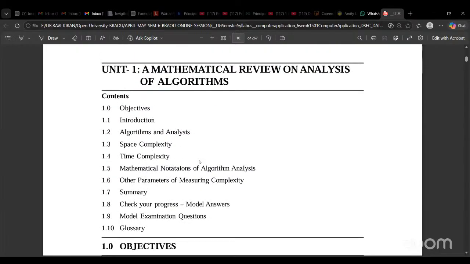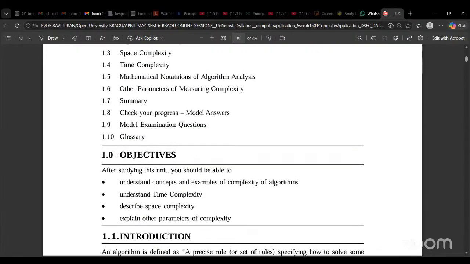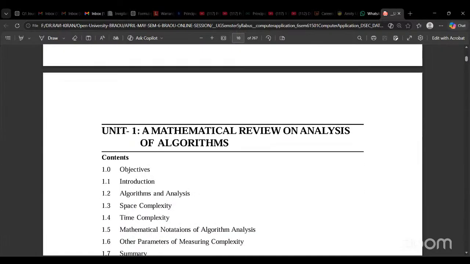First and foremost, we understand the objectives. What is the objective of this topic, a mathematical review on analysis of algorithms?